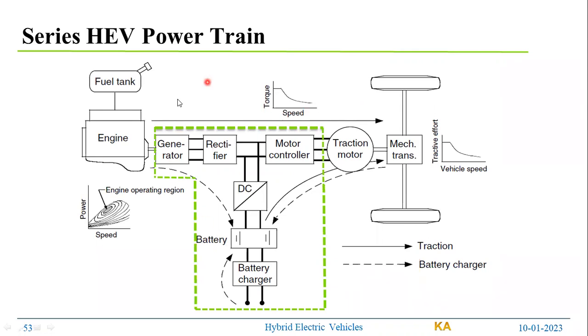Now coming to the operational modes: what are the possible operation modes in this series hybrid? As I told you, the engine converts chemical to mechanical, the generator converts mechanical to AC electrical, the rectifier converts AC electrical to DC, then the DC electrical power will be converted by the motor controller into AC.